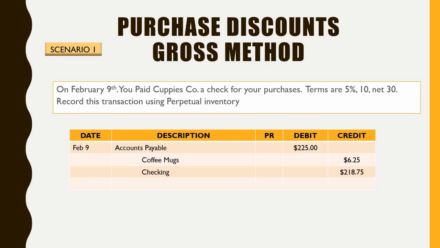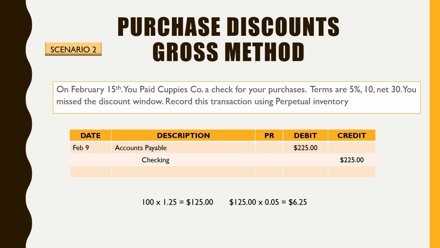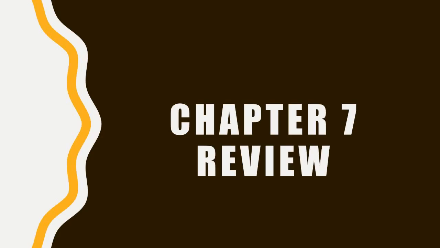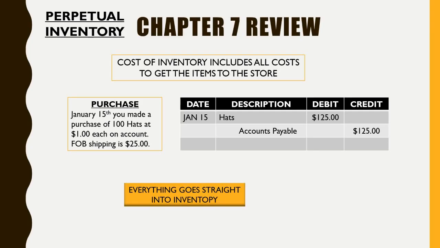So that means you should be paying less. Okay? And of course, if you miss the discount period, then you just pay for the amount in full. Okay? Straightforward. Any questions in regards to chapter 7, right?